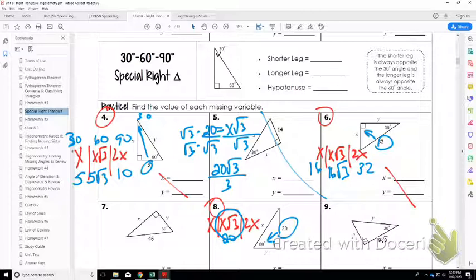That is going to be your x. Remember, we kind of get lost there. That's our x, so let's put that in. And what does that make the hypotenuse then? We're going to double it: 40 square root of 3 over 3.